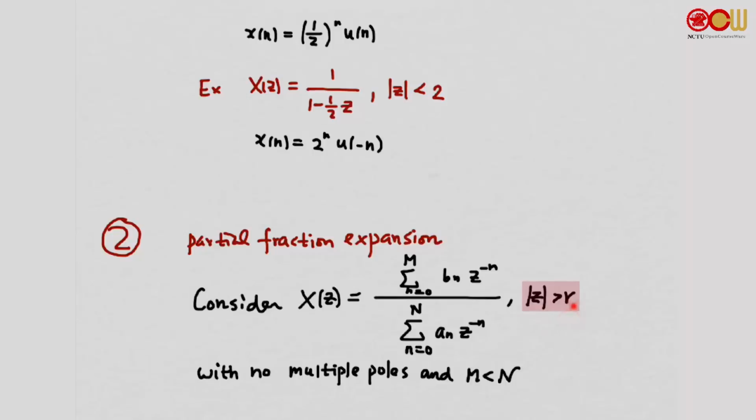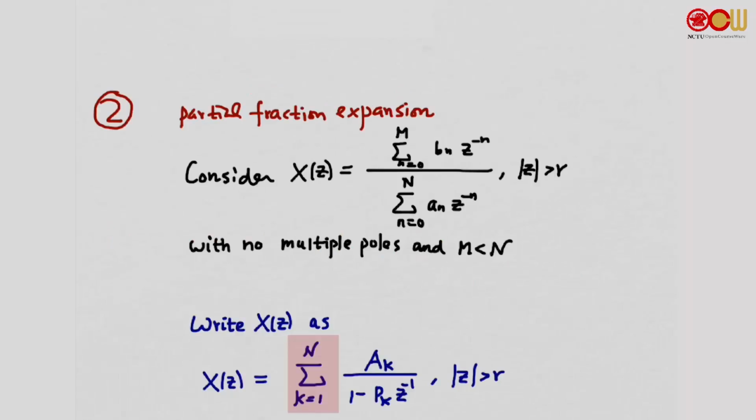If the region of convergence is outside a circle, then we know this is a right-sided sequence. And we have seen that we can use partial fraction expansion to rewrite X(z) as a sum of first order terms like this.